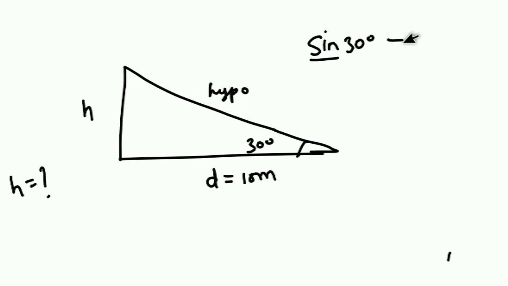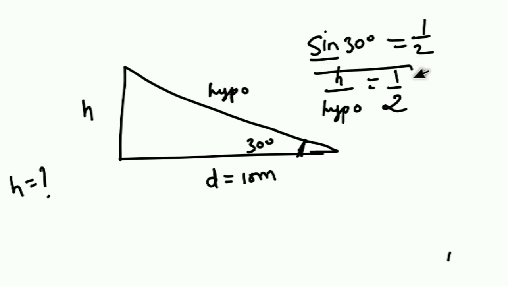Since you know that the sine formula is opposite side divided by hypotenuse, the side opposite to this 30 degree angle is the height of the building, divided by the hypotenuse. Since you know that the sine 30 degree value is equal to half, height divided by hypotenuse is half.